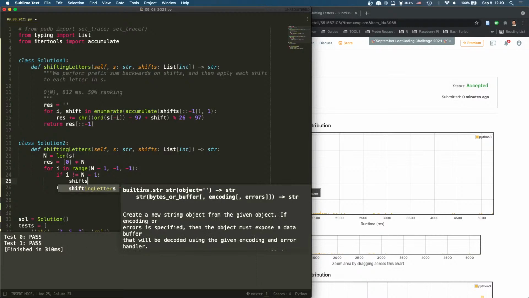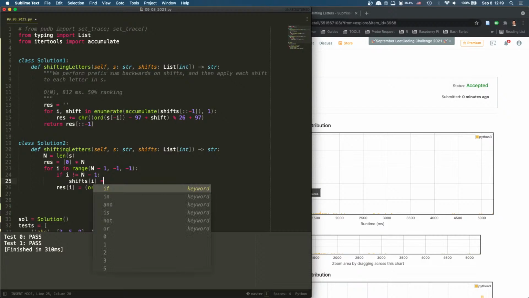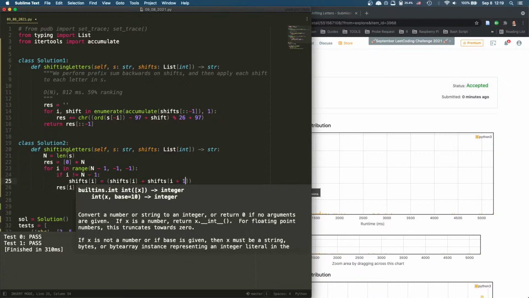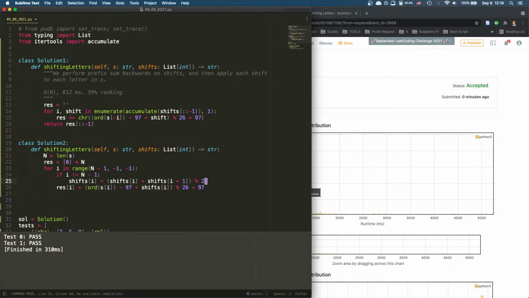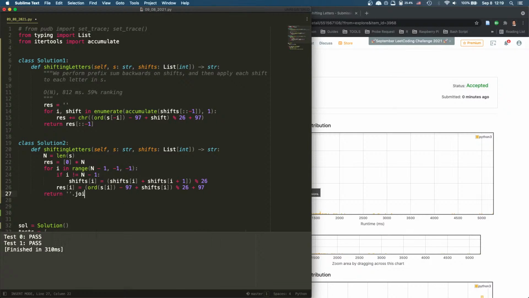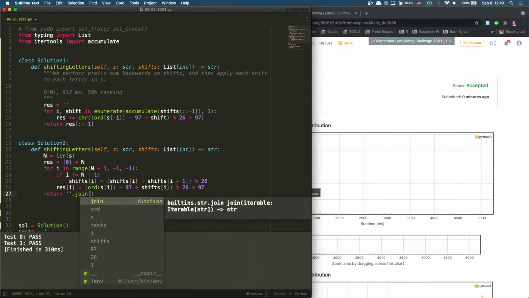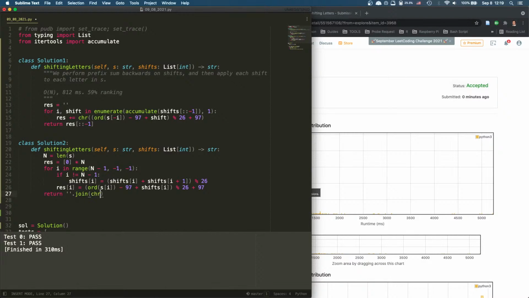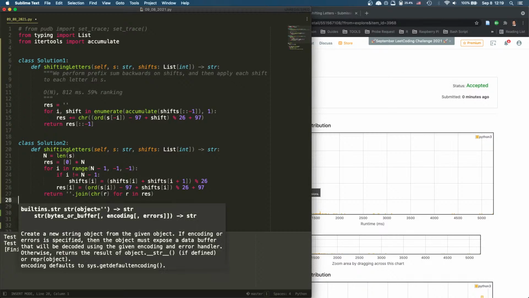We say shifts i equals shifts i plus shifts i plus 1 mod 26. So we just kind of mod it every single time. By modding it, we avoid big numbers. If there are no big numbers, I think it can speed it up. Then at the end, we return join, char r for r in res.